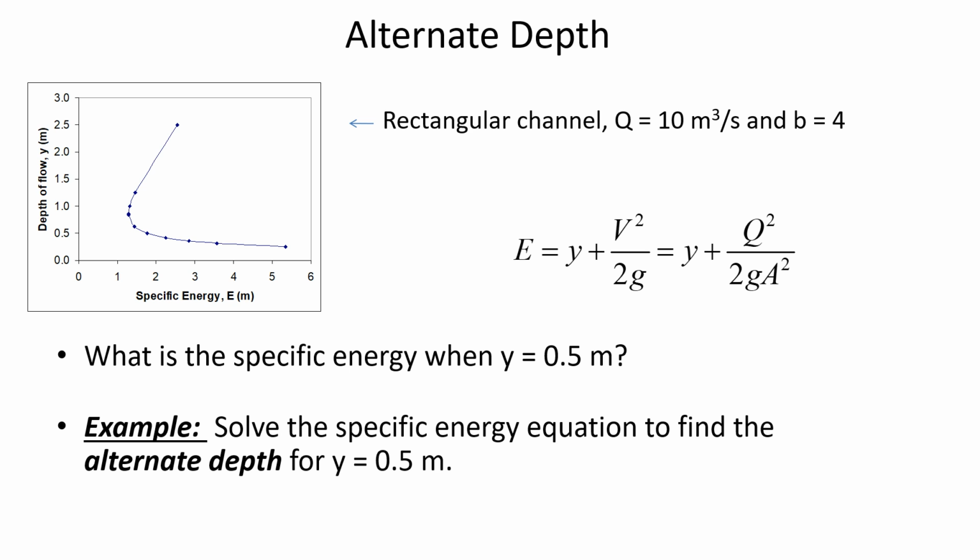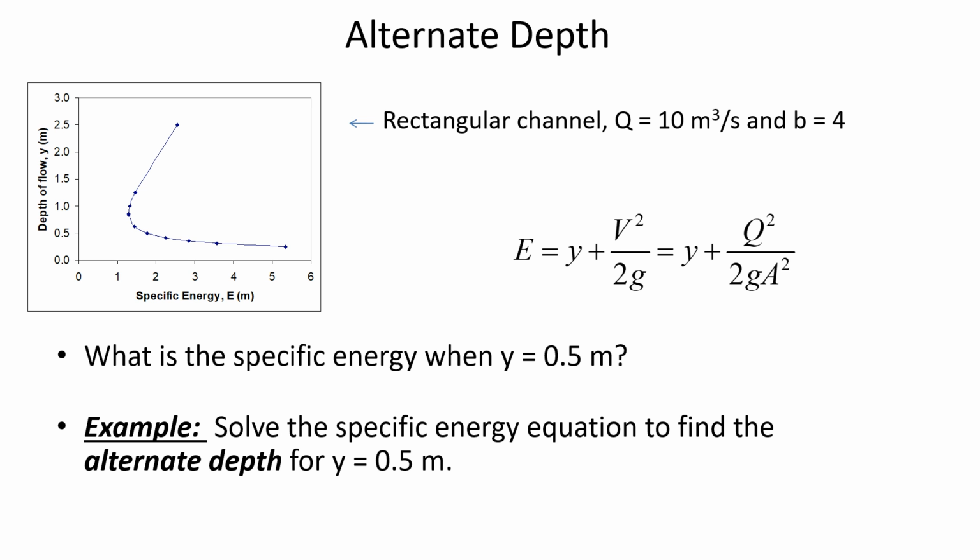For y equals 0.5 meters, the channel is 4 meters wide still, and the depth is 0.5, so A, I can do this one in my head, A is 2 meters squared, right? Width times depth. So the specific energy is 0.5 meters plus 10 meters cubed per second, we got to square that, divided by 2 times 9.81 meters per second squared. And then the area, 2 meters squared, and square that.